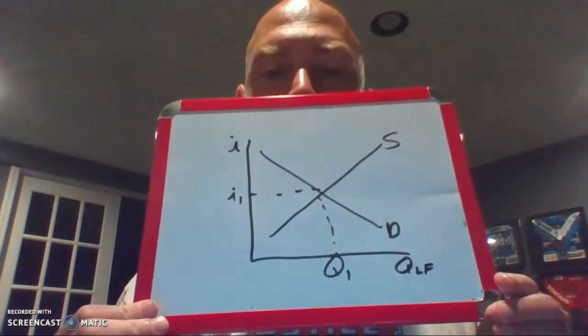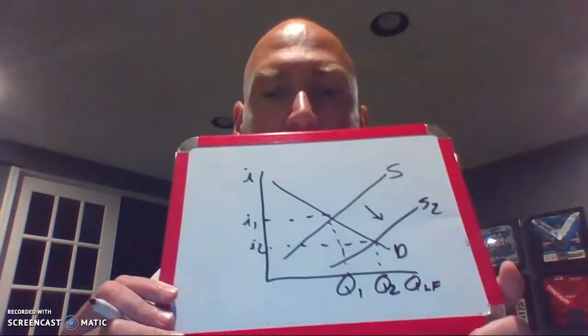Let's say, give me a second to draw a new graph here. So there's our reset graph. Let's say, for instance, the government decided to lower tax rates on savings, meaning you wouldn't have to pay taxes on the interest you make on a savings account.